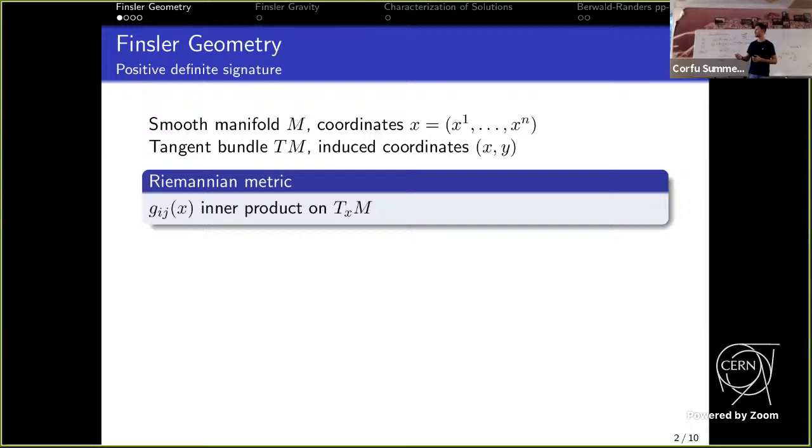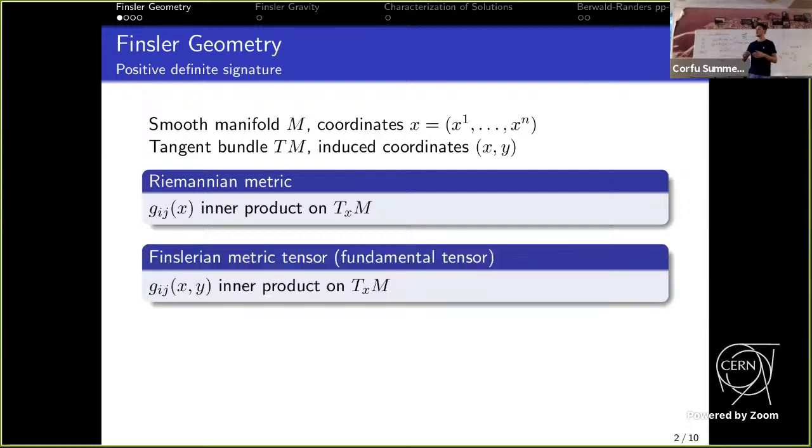The first example of this is the Riemannian metric, or rather the generalization of the Riemannian metric, often called the fundamental tensor in Finsler geometry. This will now become dependent on the position and the direction in your manifold. What I also want to say is you can also think about this whole framework as defined on the cotangent bundle rather than on the tangent bundle.